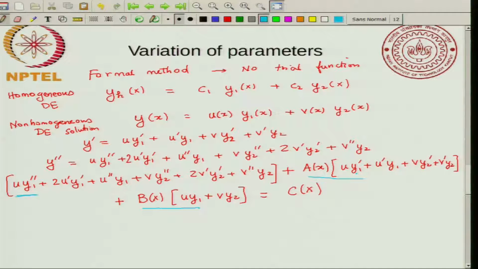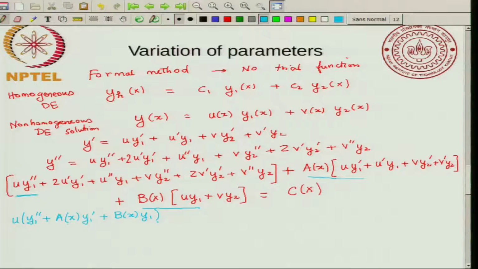These three terms are just u times y1 double prime plus a of x y1 prime plus b of x y1.